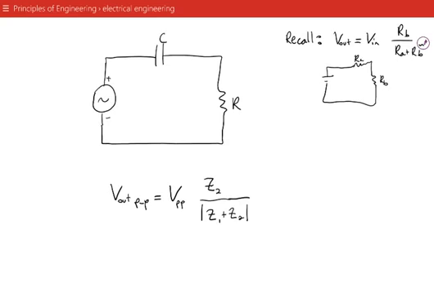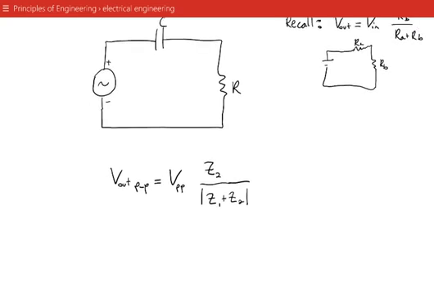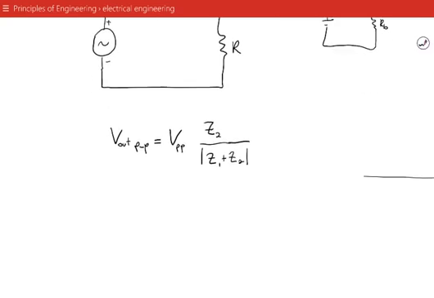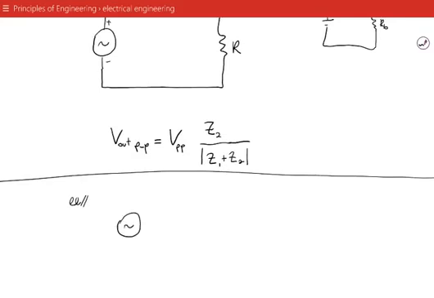So in this case, let's take the first circuit as an example. Let's say I have a voltage of 5 volts peak to peak, a frequency of 1 kilohertz, and let's say that I have my resistor first and then a capacitor.